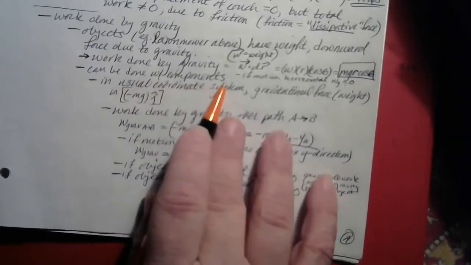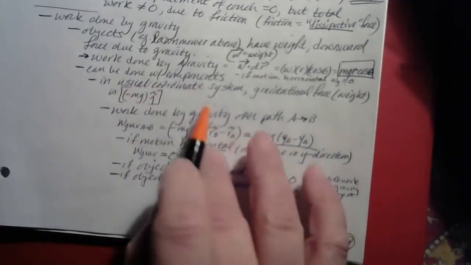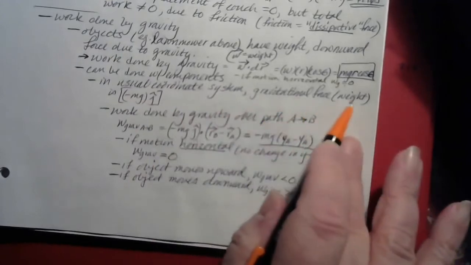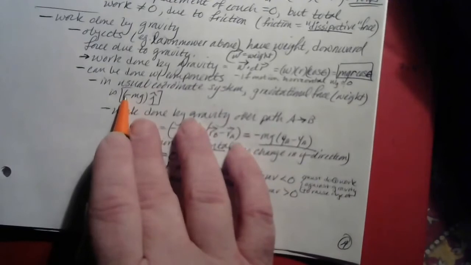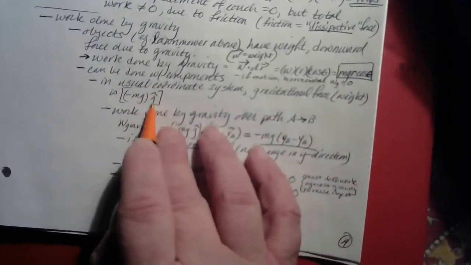You can also work with components when doing this, the x, y, and z components. In the usual coordinate system, the gravitational force would be in the y direction, and we would call the weight negative mg, because it's downward, times unit vector j, because unit vector j is in the y direction.